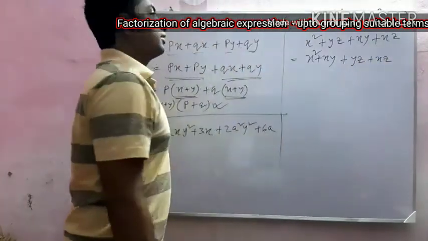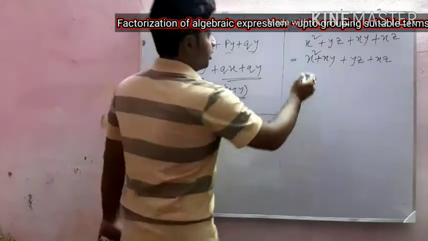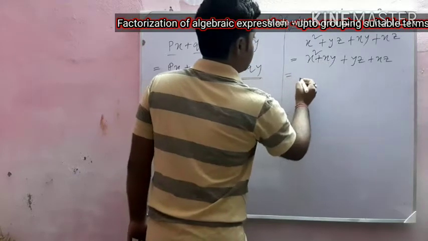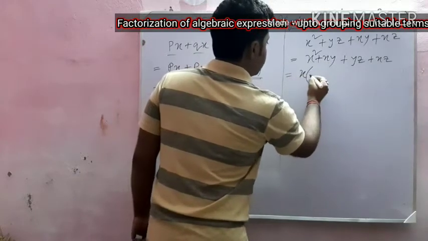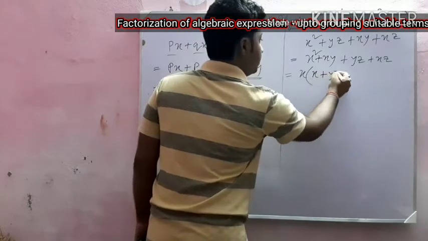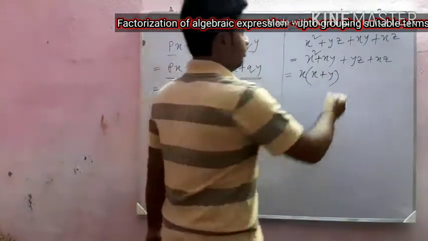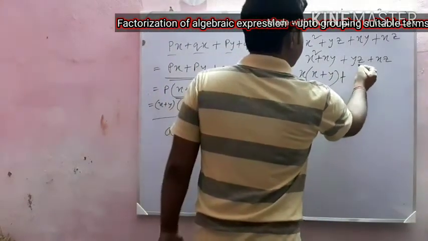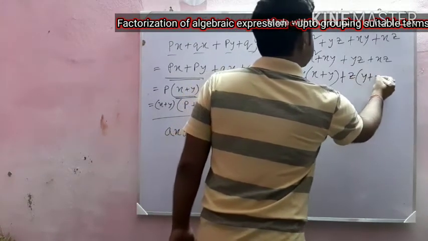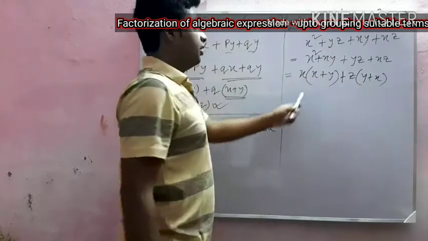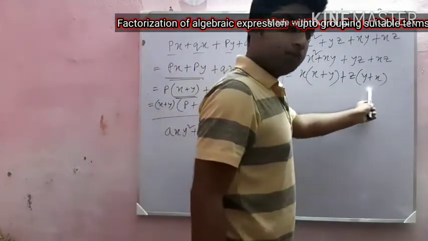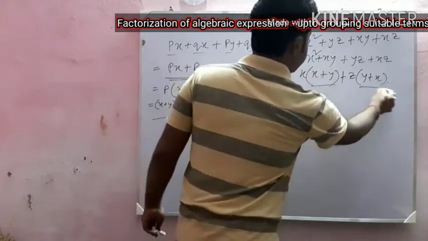Okay. Then you can take x as common, and it will become x plus y, and here you can take z as common, write y plus x. Now in the bracket, x plus y and this y plus x are actually the same.